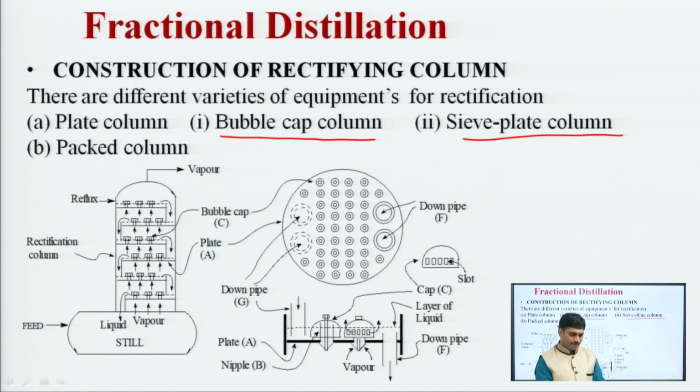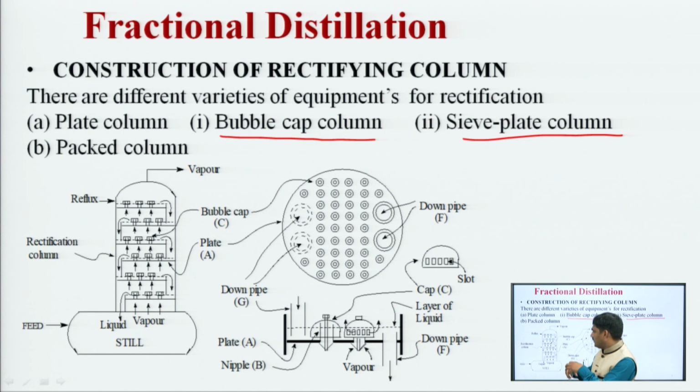Bubble cap column. Actually, I am using the term rectification every time. Fractional distillation is also called as rectification. Why is it called rectification? Because in fractional distillation, as the vapor is moving in upward direction in this rectification unit or column, and liquid is moving downward direction.